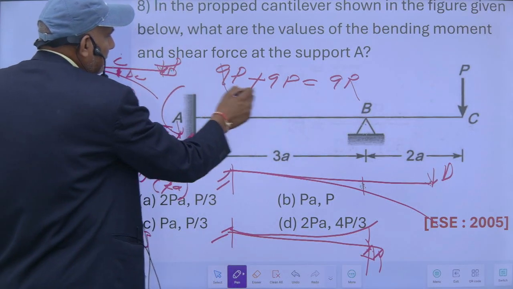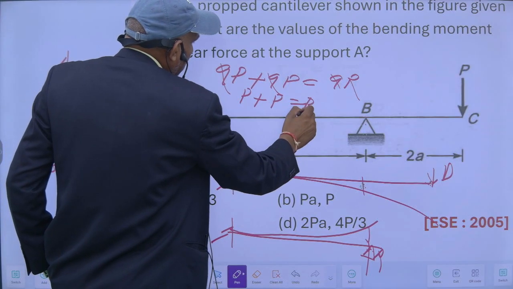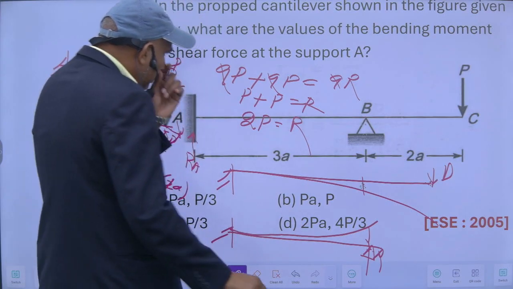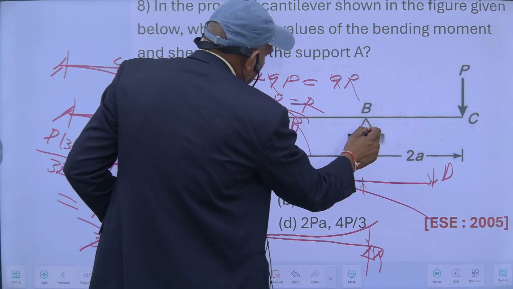So P plus P is equal to R, means 2P is equal to R, means the reaction at this point is 2P.